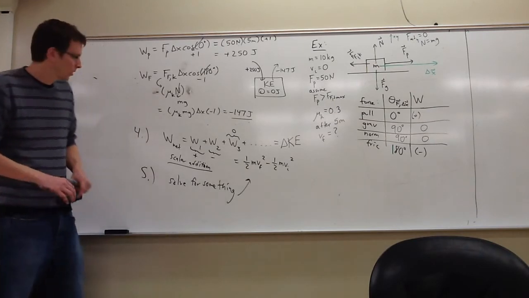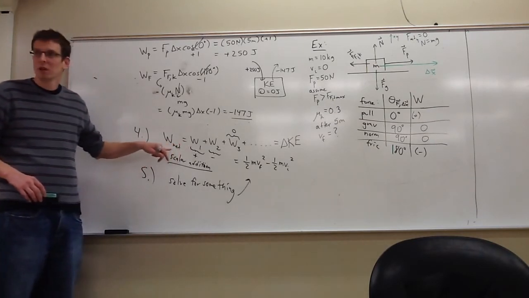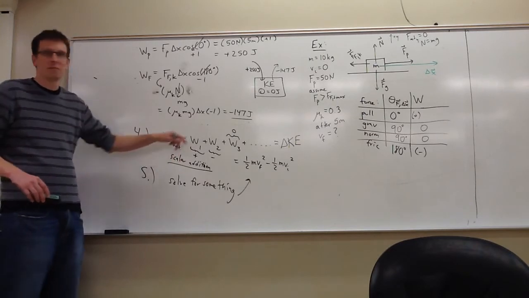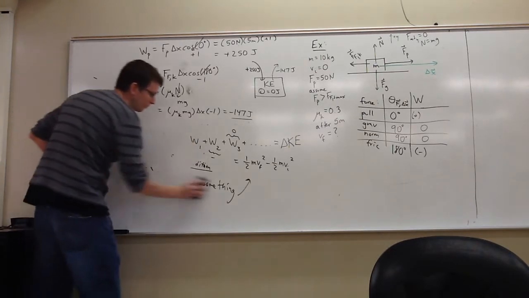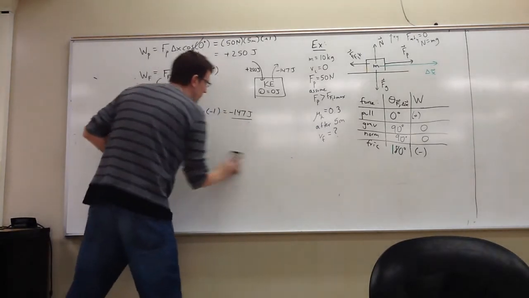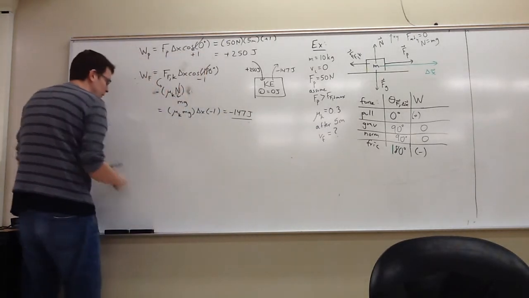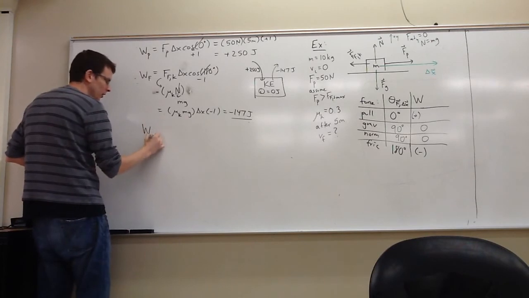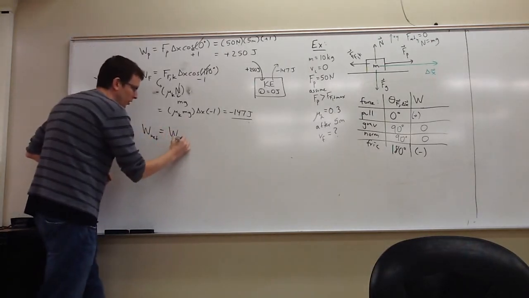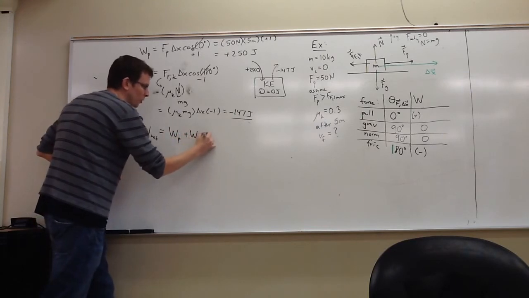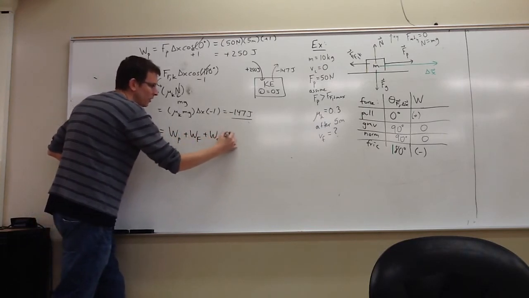So this is step 4, what I'm doing. And let me clear off the idea of step 4 so I can actually do step 4. So my net worth consists of my pulling force, my frictional force, my gravity, and my normal.